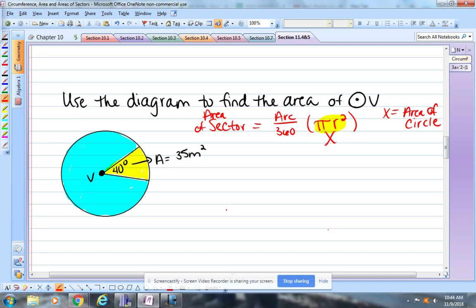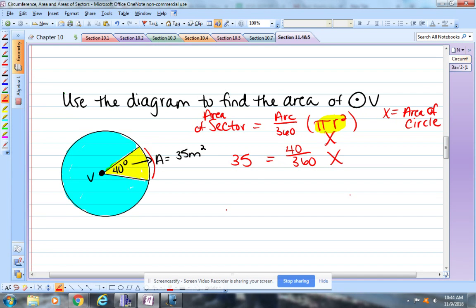So they told me the area of that yellow sector was what? 35 meters squared. Equals, what's the arc measure? Yeah, it's inscribed 20, so the arc measure is also 40 degrees. So 40 over 360, and we're going to multiply that times x, and that's the area of the circle. Because that's what pi r squared is, area of the circle.